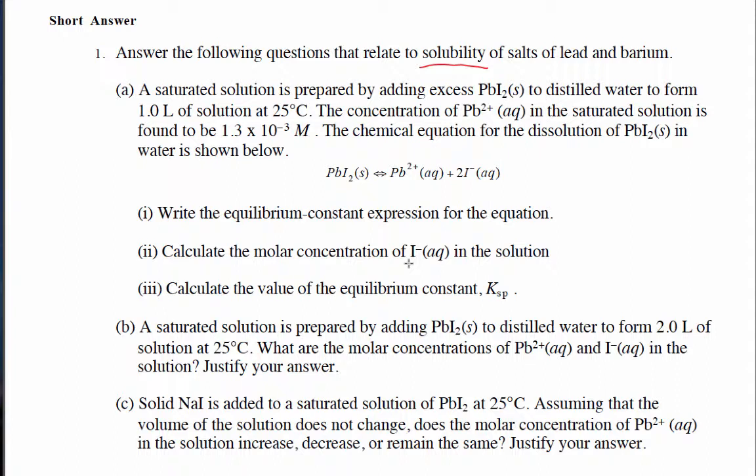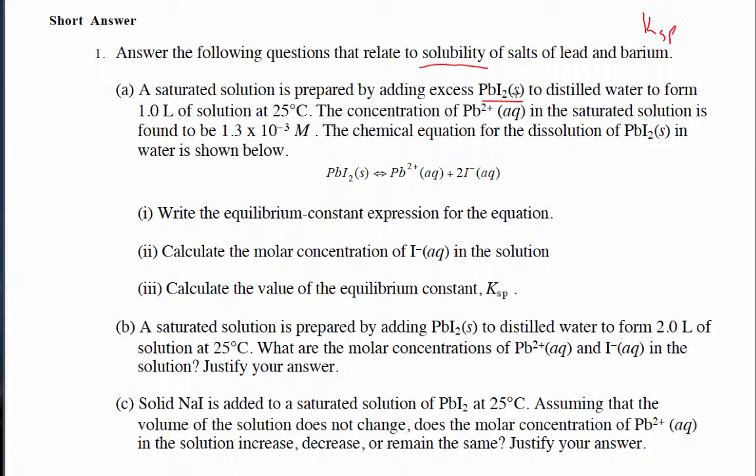If you remember, we talked about this and I told you you'd write it as KSP. So it's going to look very much like an equilibrium expression. But one thing we have to pay attention to is if we're dealing with a solid, like in this case, lead iodide solid, we know that it's going to be insoluble.